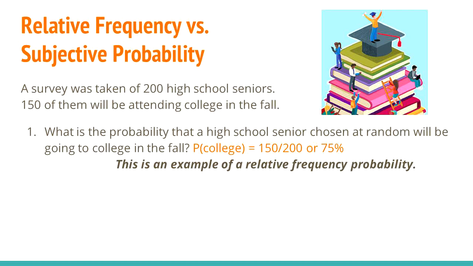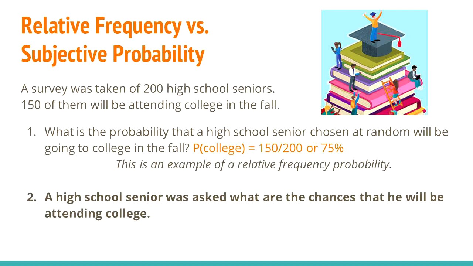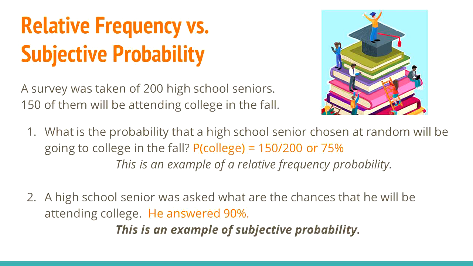This is an example of a relative frequency probability because we based this on the results of that survey. In question 2, we asked a high school senior what are the chances that he will be attending college. He answered 90%. This probability we call a subjective probability because it's based on his opinion or his best guess at what the chance might be.